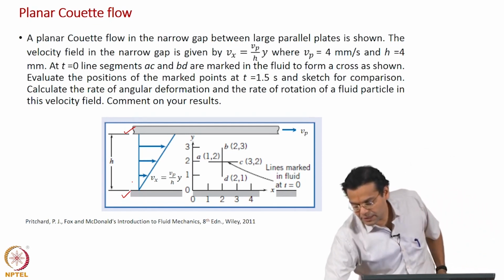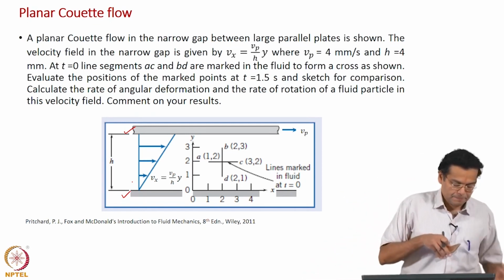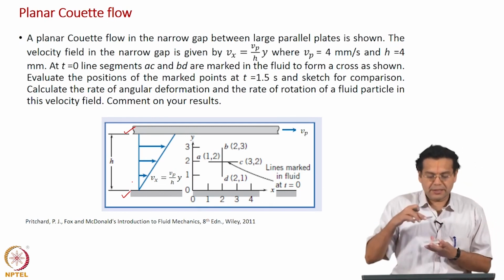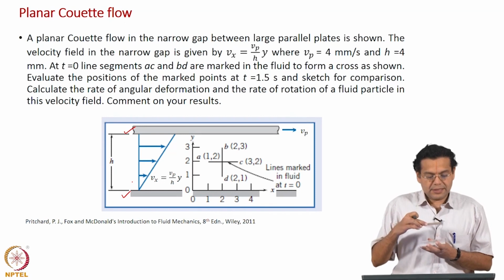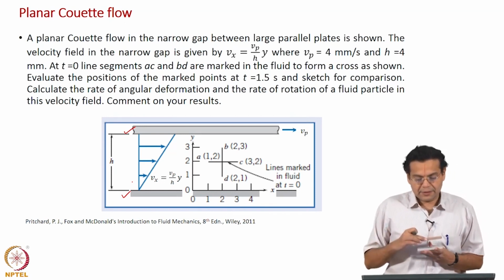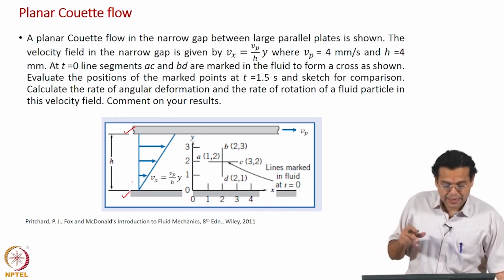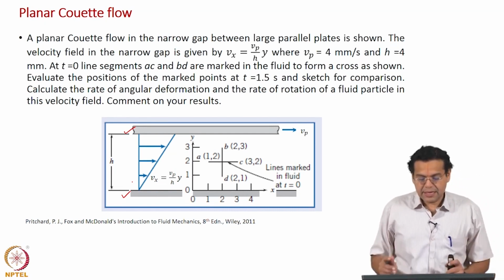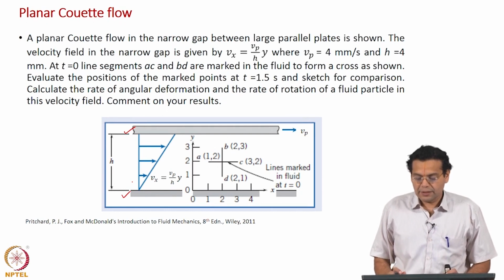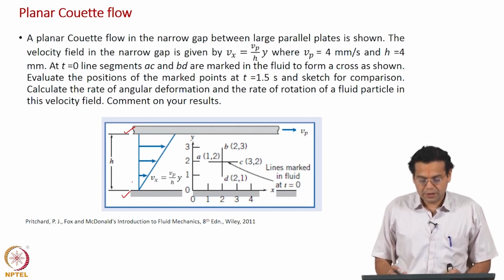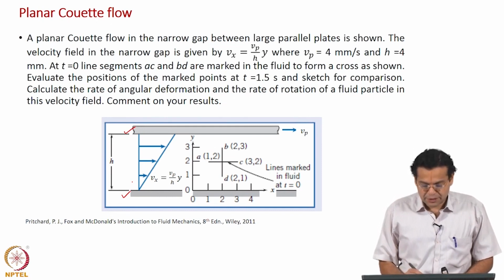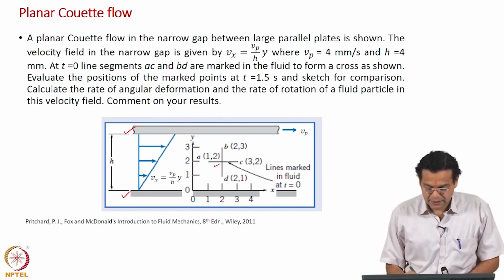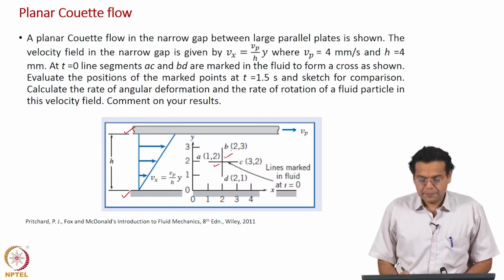So, something like two plates, and then the top plate moves at a constant velocity. Now at time t equal to 0, line segments AC and BD are marked in the fluid to form a cross as shown. So, we are going to track these lines. AC is the horizontal line and BD is the vertical line.